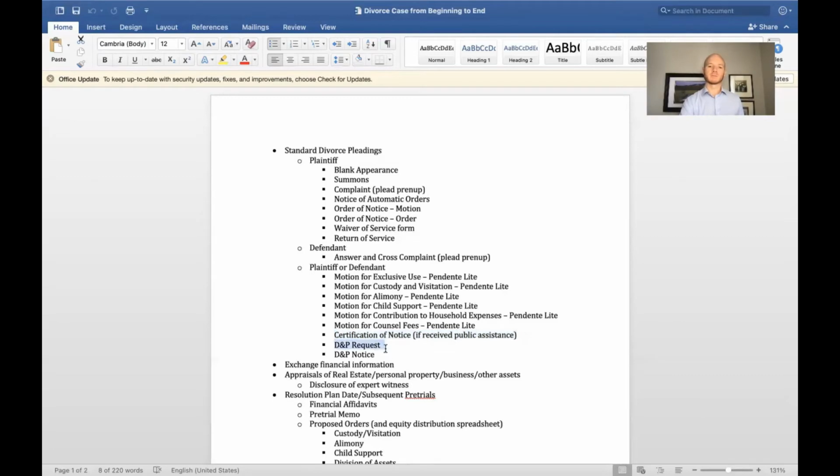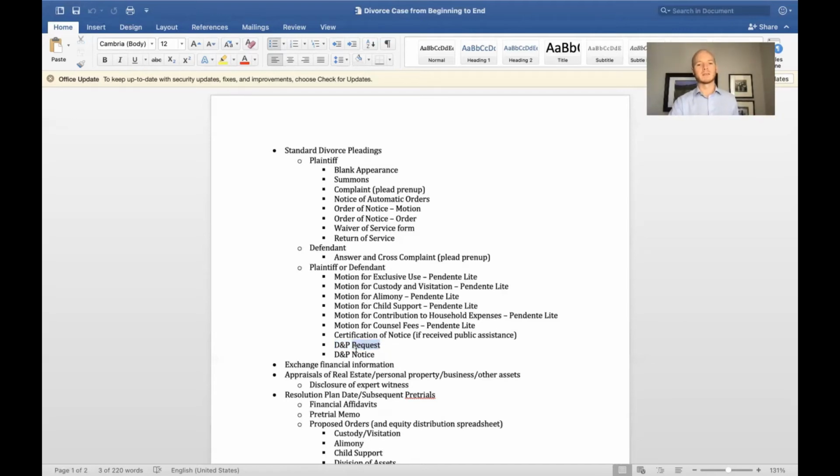So the request is basically a list of documents that we are requesting from the opposing party: tax returns, bank statements, retirement account statements, etc. It's basically a request that we serve on the other party, asking for, generally speaking, financial records, so that we can have all of the financial information we need from them in order to get into negotiations. In a divorce, a lot of it is financial, so we have to have a full understanding of the financial pictures of the parties.